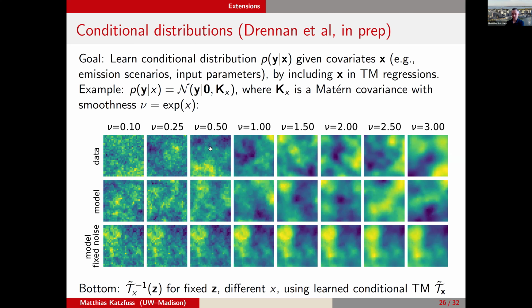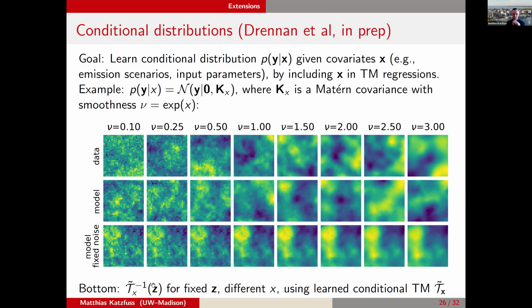And it turns out that at least in this simple example, we can do this with on the order of 10 or 20 training samples only. And then we can sample from our transport map model for any new smoothness that we're interested in. So here are some independent samples for different values of the smoothness parameter.